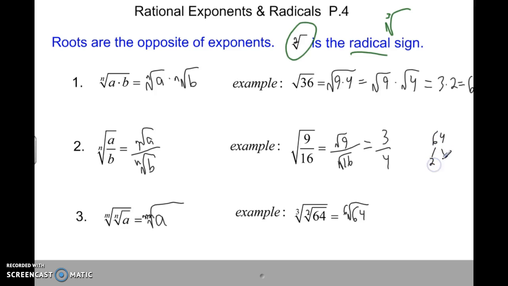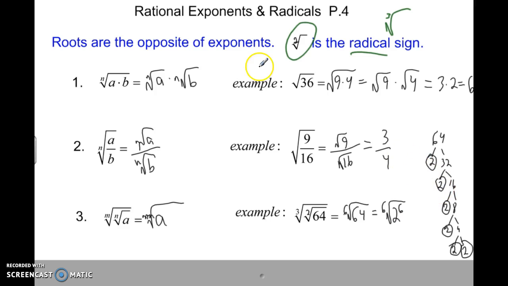So say 2 times what? 32, 2 times 16, 2 times 8, 2 times 4, and finally 2 times 2. So I have 1, 2, 3, 4, 5, 6 2's that make up 64. So I could write this as the 6th root of 2 to the 6th power.